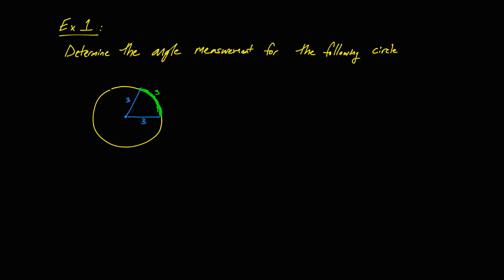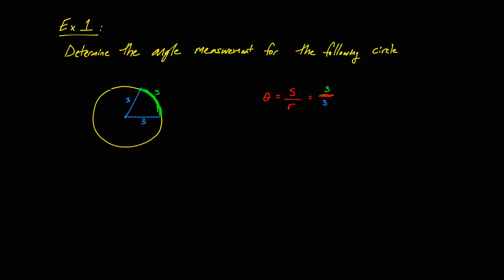A great way to approach this is remembering our relationship from the last problem, which is that theta is the ratio of s, your arc length, to the radius. If we plug those in, your arc length was 3, and you only need your radius, and you don't need both radii, because the radius is just representative of the distance from the center to the edge of the circle.